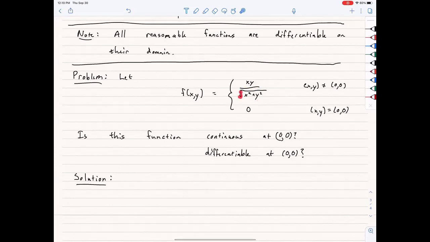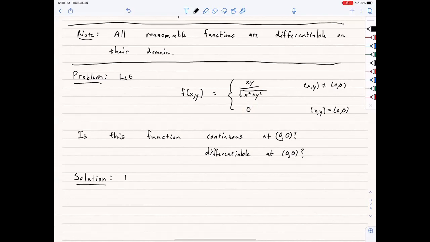However, I'm taking the square root, which lowers it down to 1. So the numerator has order 2, the denominator has order 1. And here you can see that the limit as (x, y) approaches the origin is in fact 0, which is the value of the function by definition.